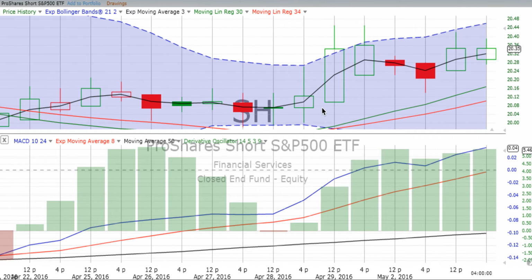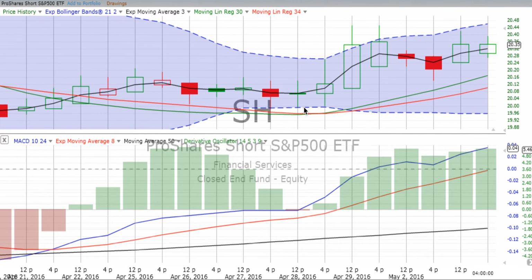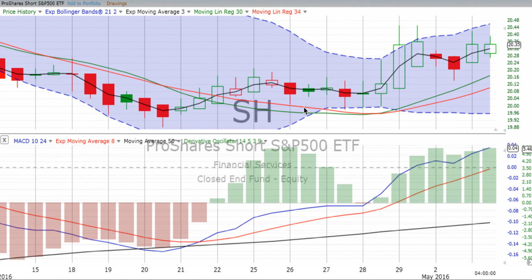When we plug that into our chart, lo and behold, it appears to be going up. And it does go up in a reverse pattern from the S&P 500. It is the ProShares Short S&P 500 ETF. It gains value as the S&P 500 goes down. Now, isn't that interesting? What does that offer you the ability to do? Make money when the market goes down.